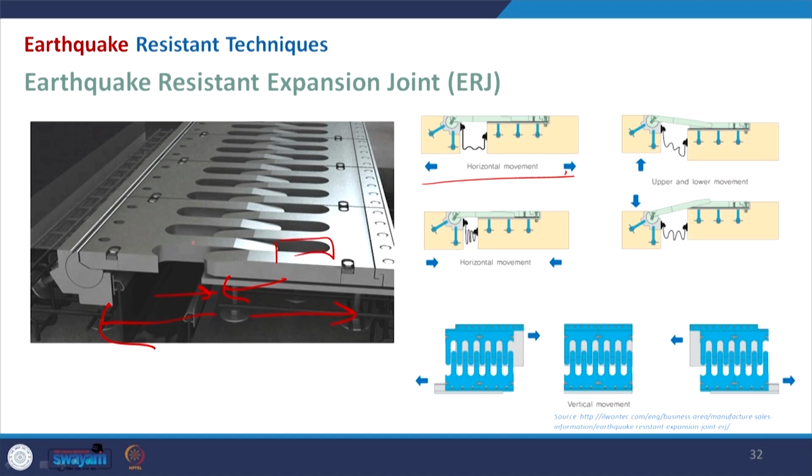And when there is an up and down movement, it can go up like this, it can bend, and it can also go down, so it will rest on this. So wherever there is movement up and down, and then contraction, they will go toward each other, and that will help with these joints.